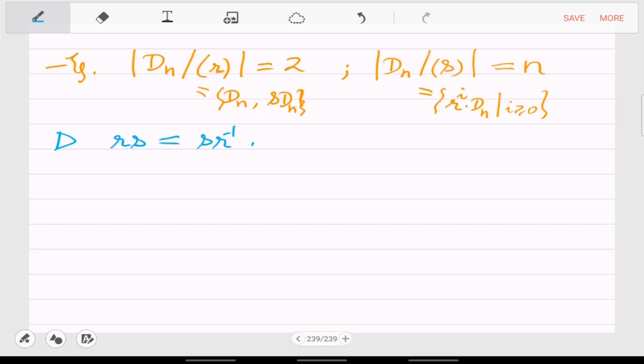Okay, this is the relationship. Which is also the same as RSR is equal to S, or S inverse RS is R inverse.